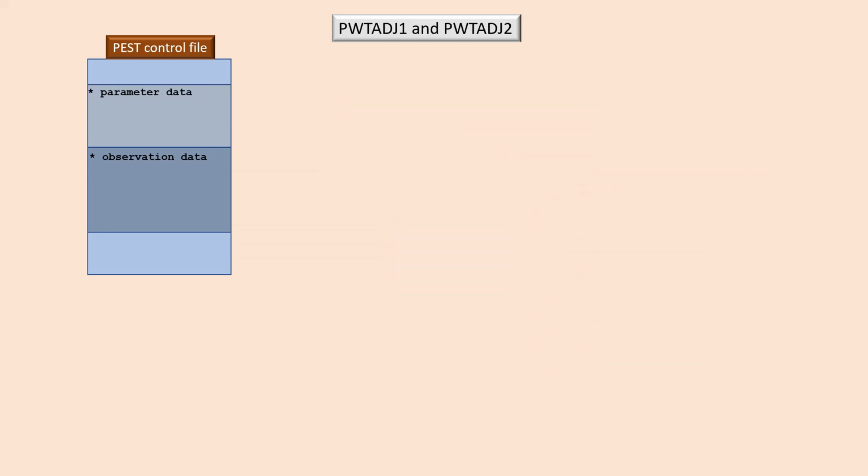PWTADJ2 performs a similar function, though with a different emphasis. Normally we would use PWTADJ2 not before but after the inversion process has taken place. In this case, we may have used the PARREP utility to insert optimized parameter values into the parameter data section of the PEST control file.